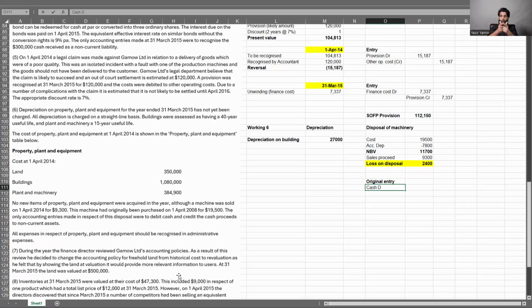Everybody needs to focus, because there is no repeat telecast. Cash debit of 9,300. You sold an asset which had a net book value of 11,700. So cash debit, asset credit.